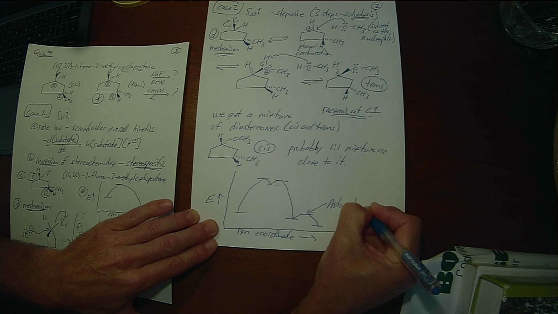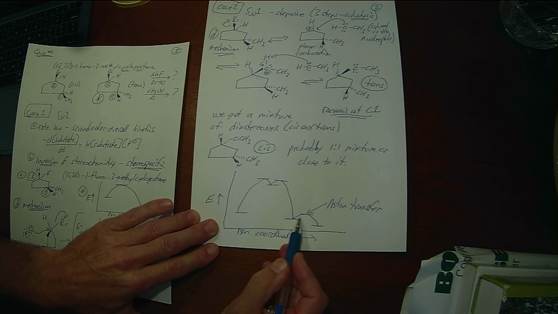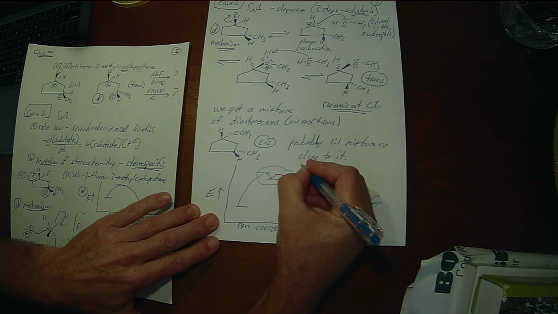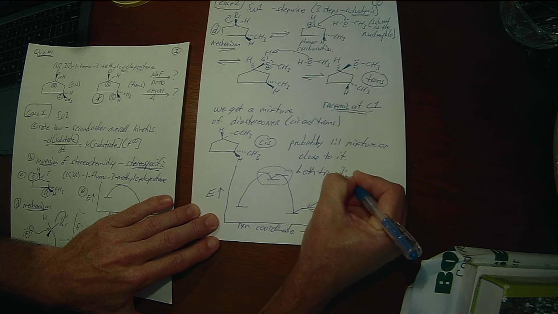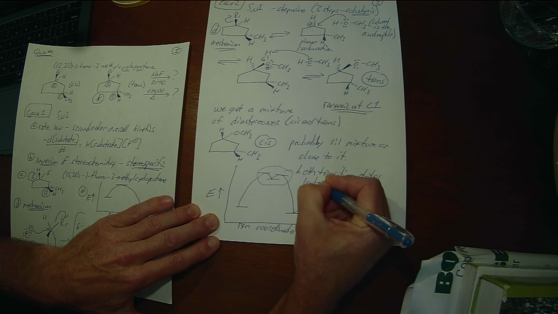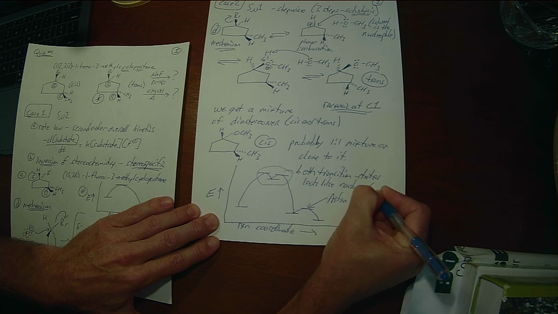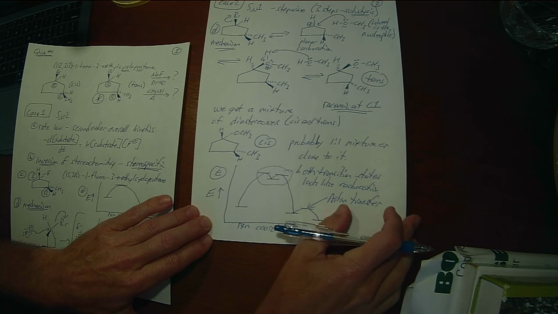Proton transfer steps have very small activation energy, so that's a very rapid step towards the end. And you'll notice that both transition states look like the carbocation. So that was part E, the energy diagram.